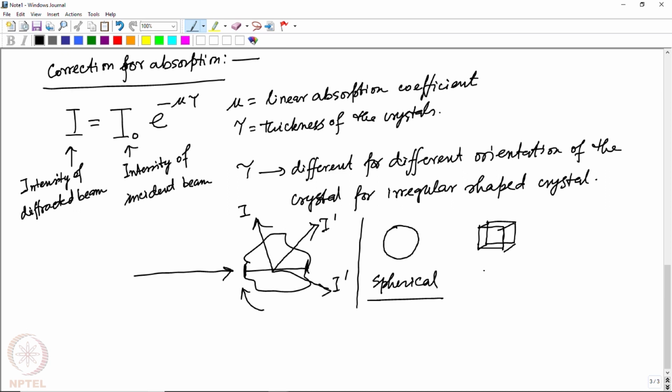So in this case, when you use spherical or cubic shaped crystals, the I by I0 for all the reflections will have the same or similar relationship. So one does not have to do any further absorption correction.